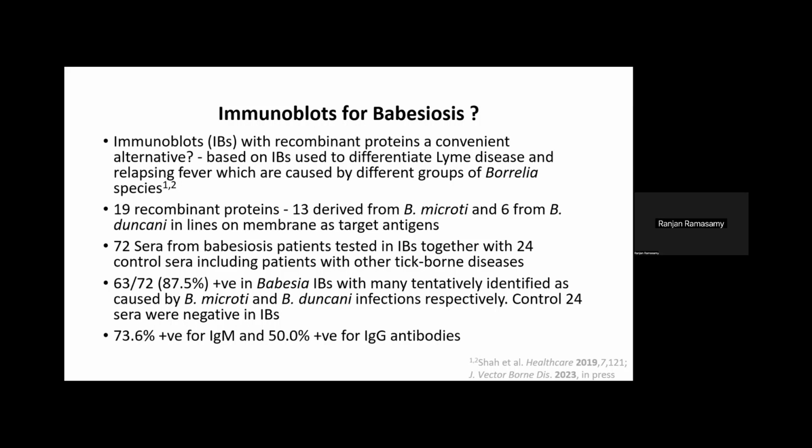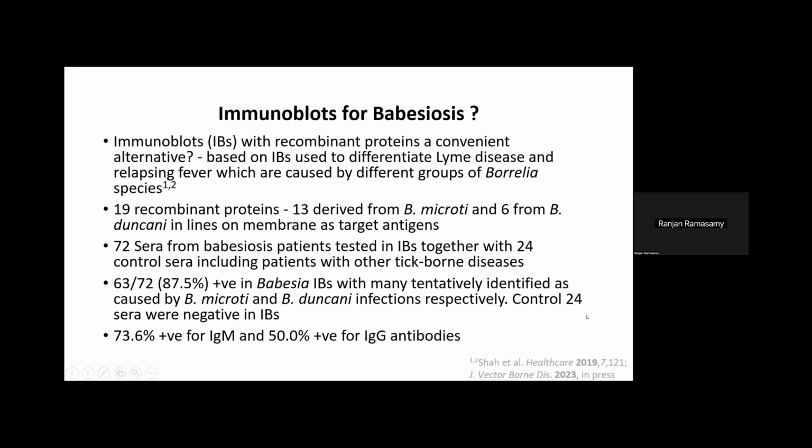And so recently, 72 sera from babesiosis patients were tested in immunoblots together with 24 control sera. And these are babesiosis patients that were either FISH positive or IFA positive. And 87.5% of the sera reacted in the Babesia immunoblots, with many tentatively identified as being caused by microti and others by Babesia duncani infections, respectively.